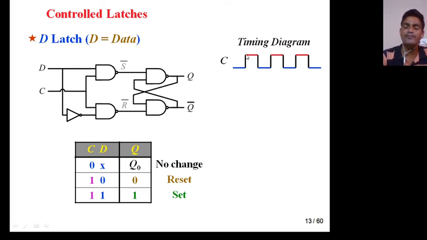When we give this positive level, it is called positive level triggering. When we assign the clock pulse at the low level, this is called negative level triggering. And this is called positive edge. Output will change when the positive edge appears. And this is called negative edge.